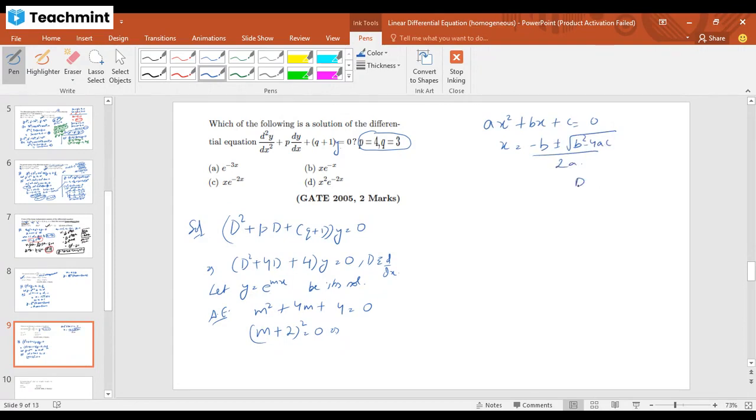If the discriminant b square minus 4ac is greater than 0, roots are real and distinct. If the discriminant is equal to 0, roots are real and equal. If the discriminant is less than 0, then the roots are complex.